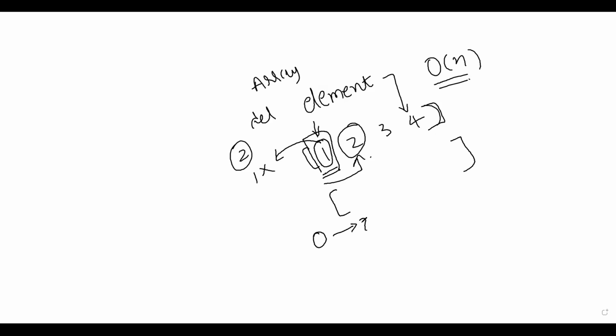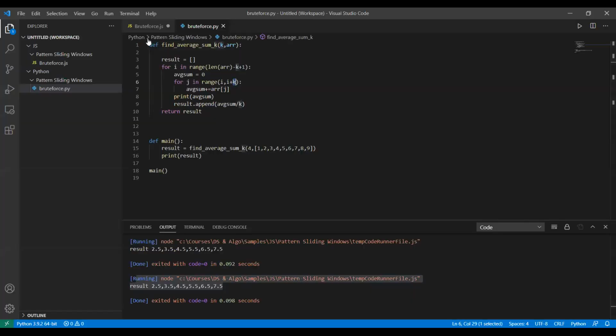I've deleted 1. What is at index 0? So I have 1, 2, 3, 4. Undefined. One minute. I think it's better if I run the code and explain.